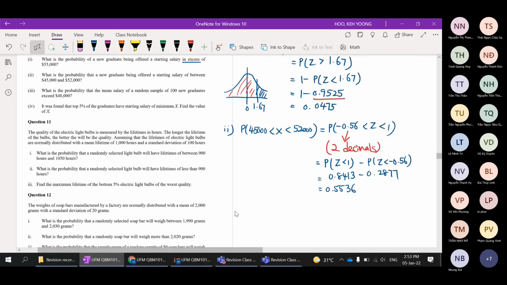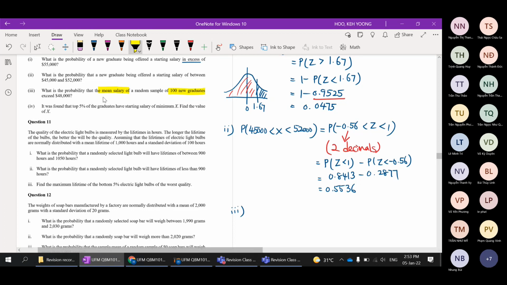Question 3. This question is from chapter 7. What's special about question 3 is that you want to find the probability for the mean salary of a group of hundreds of new graduates.